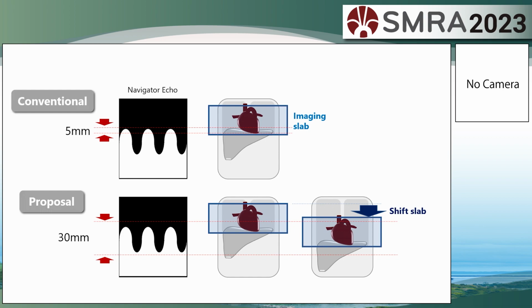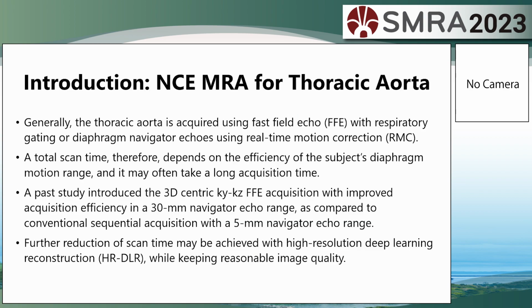We can combine the shifting of the slab and the wider acceptance range, and then we can efficiently acquire the images. But further reduction of the scan time may be achieved with high-resolution deep learning reconstruction while keeping reasonable image quality.